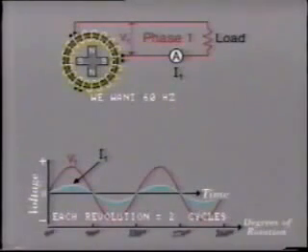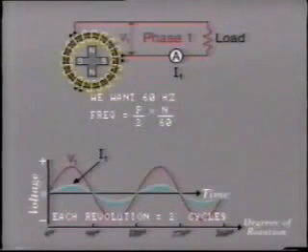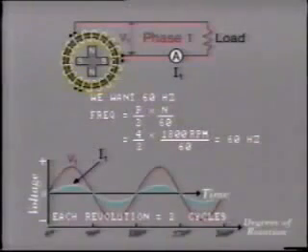This can easily be calculated from the standard expression that says frequency equals P, that is the number of poles, over 2, times N, that is revolutions per minute, over 60. In this case, 4 over 2 times N over 60 equals 60 hertz.